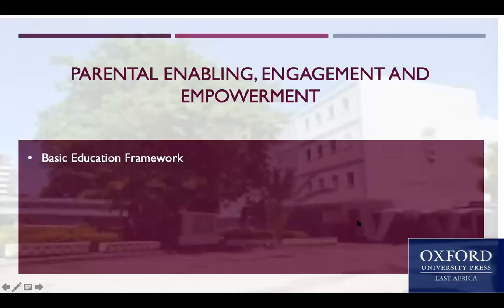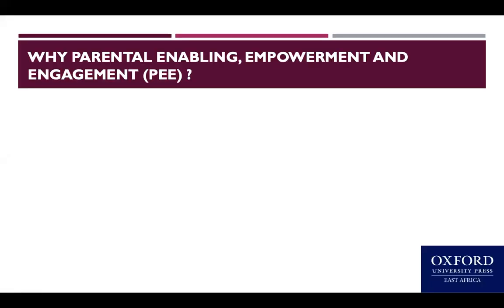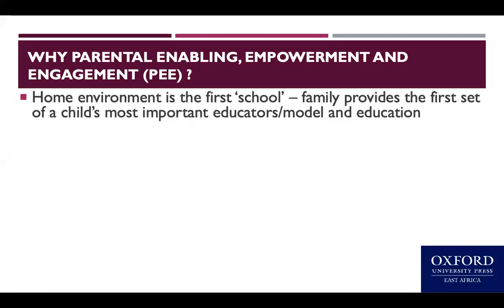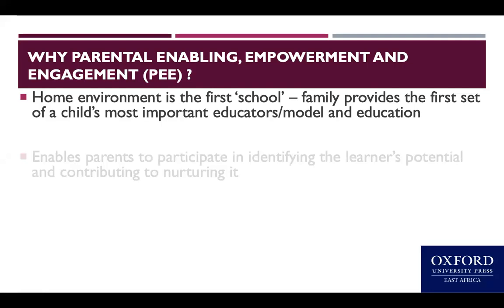Okay. Thank you. We can now see it. All right. Please proceed. So why parental enabling? Why empowerment? Why engagement? The KICD has thought through these processes. And over years, we all agree that the first schooling environment the child goes to is the home schooling. And if that has worked over the years, so then what?